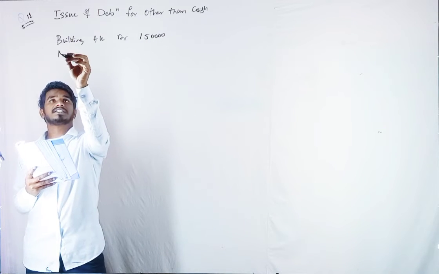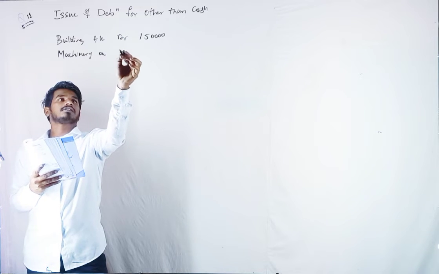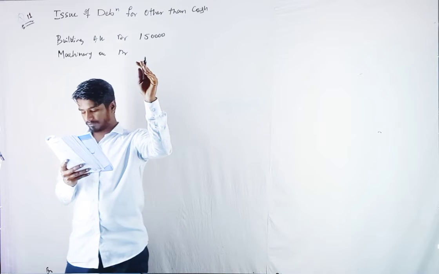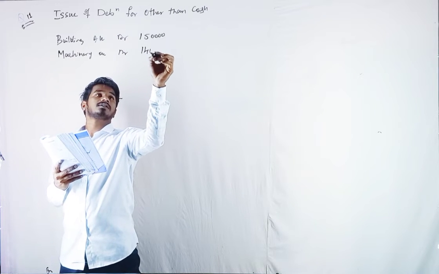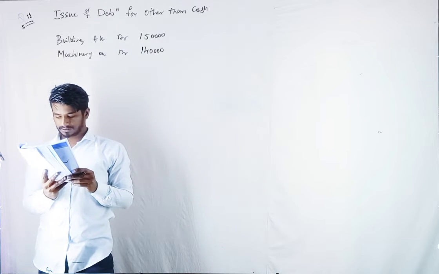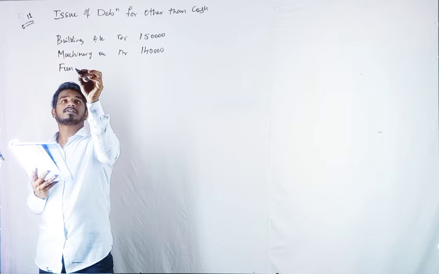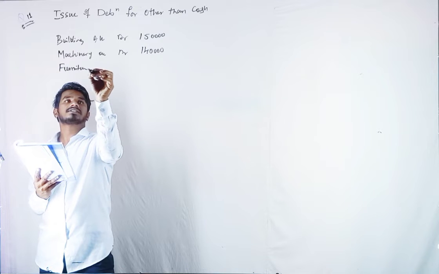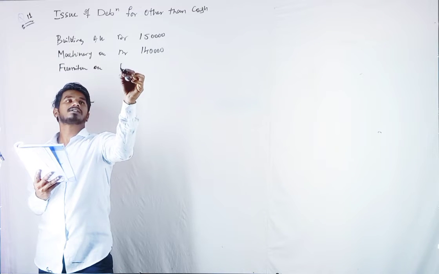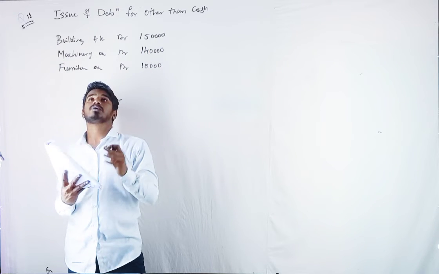And machinery account debit 1,40,000. Then furniture worth rupees 10,000. Furniture account debit 10,000.